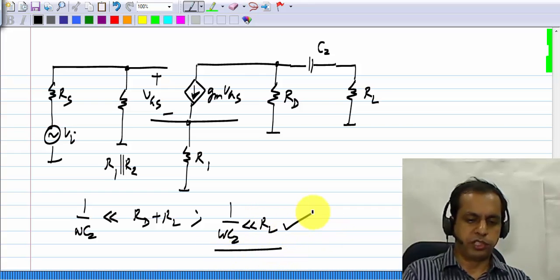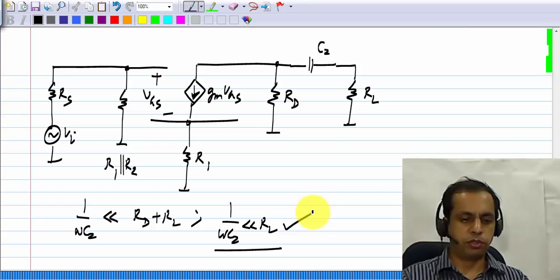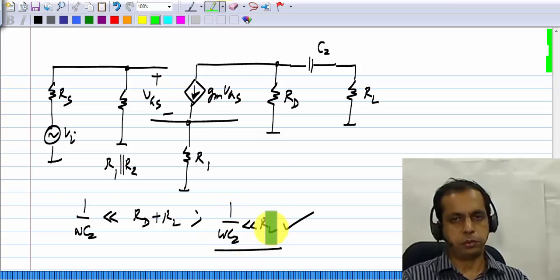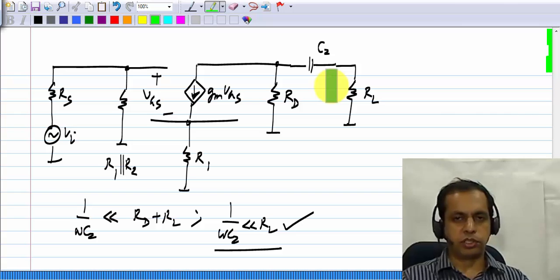So we'll assume that we use this. In case of common source amplifier problems, I've asked you to sometimes use this and sometimes use that, but for now let's say we will use this one. So if that's the case, C2 becomes a short circuit.